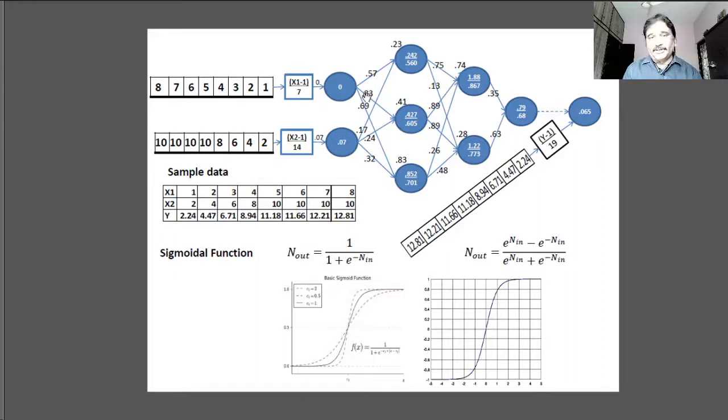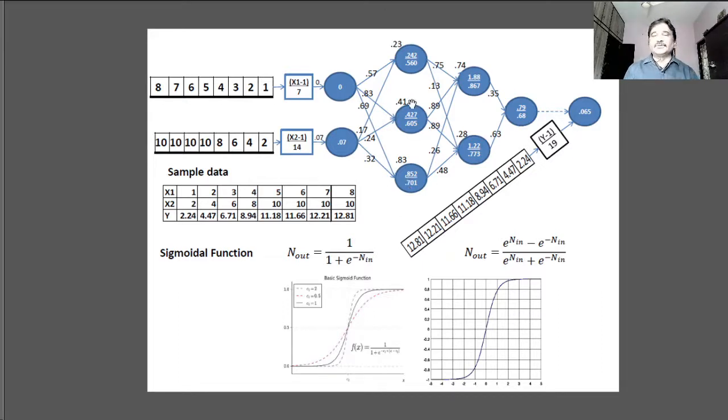So 0 into 0.83 plus 0.07 into 0.24 will give you this value 0.427. Likewise, at this neuron, you will find the weights coming to it, and you will multiply this by 0.69 and 0.07 by 0.32, and that will be the value here. Got it?